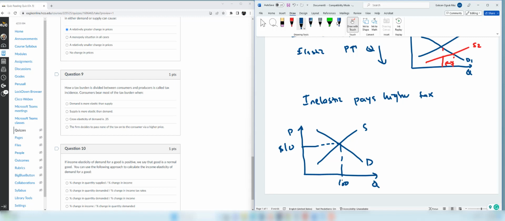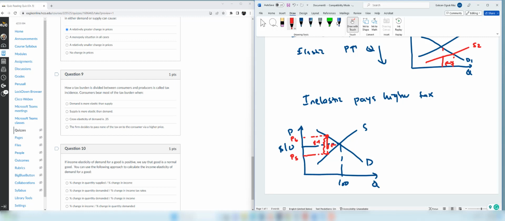Tax creates a wedge between supply and demand and shifts the price in this direction, and you need to find a length of the tax line that's equal to $1. So let's say the length of this line is $1. The intersection of the tax line and the demand curve represents the price buyers pay, and the intersection of the tax line and the supply curve represents the price sellers receive after tax.